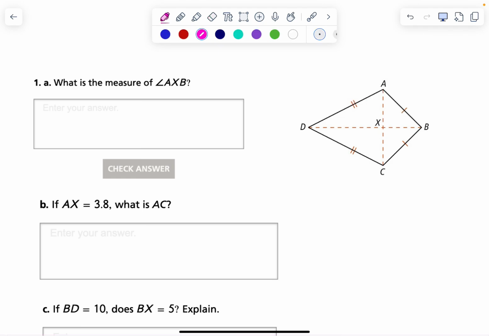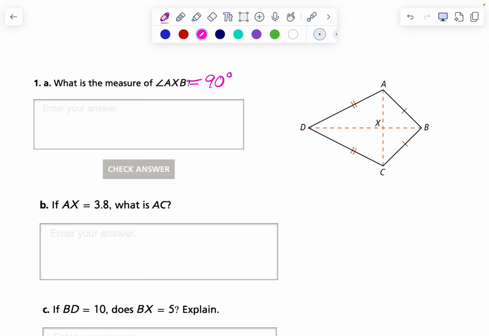I'll give you 10 seconds to think, and then I'll say what's the measure. Okay, go. Yep, that's 90. In fact, all of those are, so we could draw all these 90s in here and make it look like a little box.